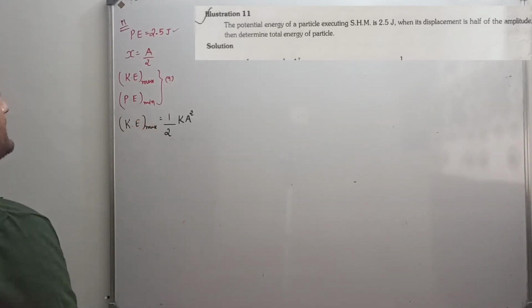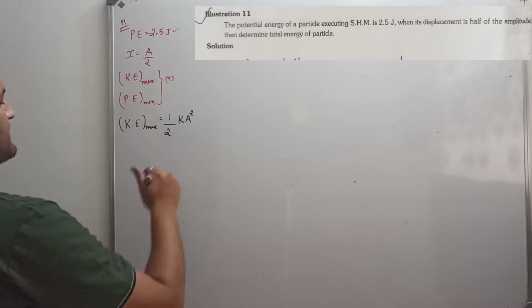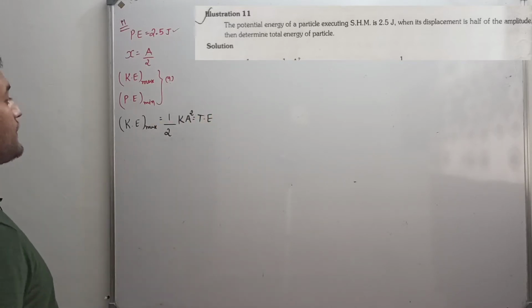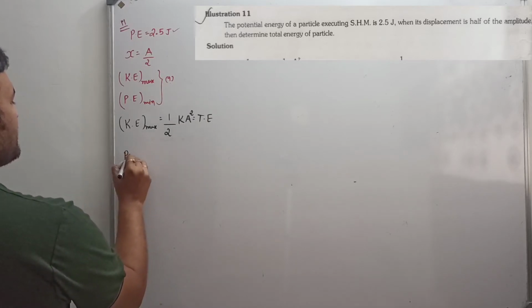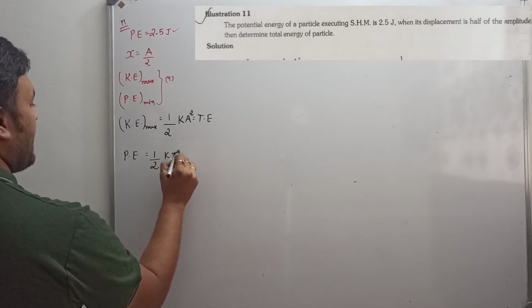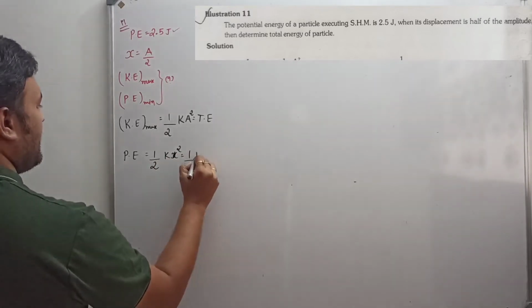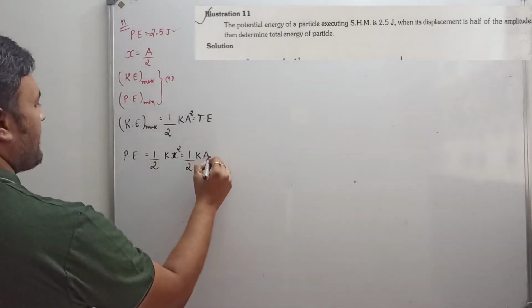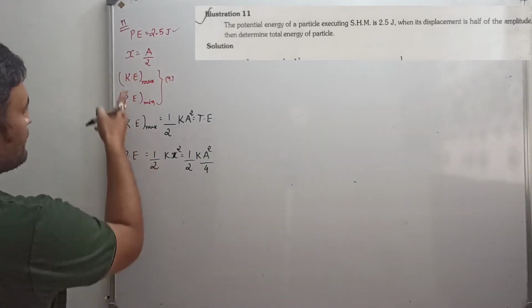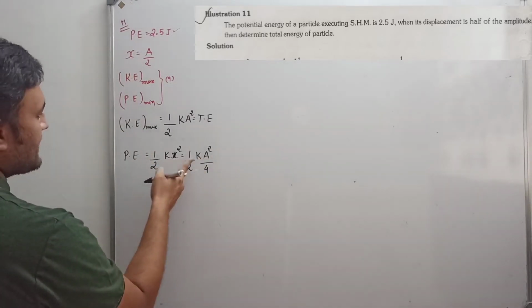Potential energy is there, so let's do one thing. This is the equation of total energy. Now the potential energy equation is 1/2 k x square. We put x equal to a by 2, so this is a square by 4.